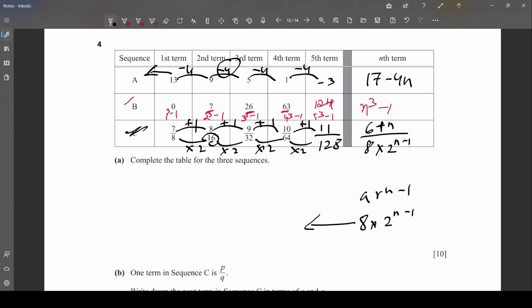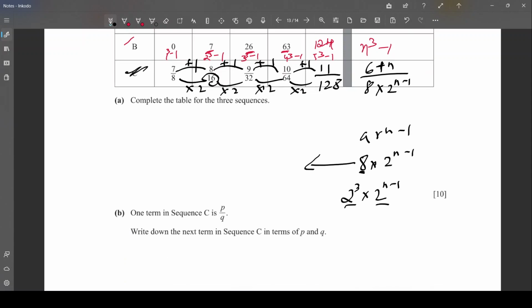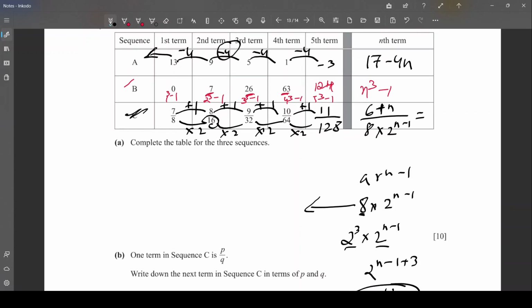Many of the solutions are further simplified in this case. For example, 8 can be written as 2 raised to power 3, right? So you know that the bases are the same, you can add the powers. So 2 raised to power n minus 1 plus 3. So it should give me 2 raised to power n plus 2, right? So either you can write this answer, this will also be accepted, or you can write 6 plus n over 2 to the power n plus 2.